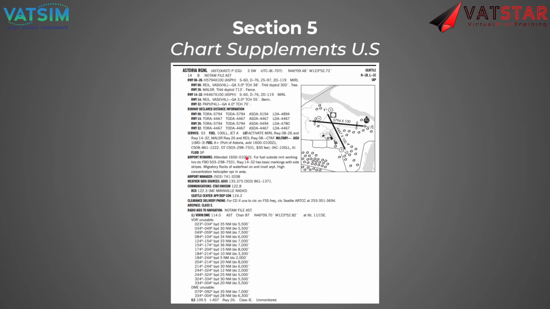I don't see anything for right pattern. Yep, exactly. So it would say it up here on the runways, and right up on the first line, it would say RGT traffic or RGT TFC if it was right traffic. So all the runways are left traffic, it looks like, based off what I'm reading. Yep, so this is a left traffic airport. If it were the opposite, it would just say RGT traffic on one of these runways.